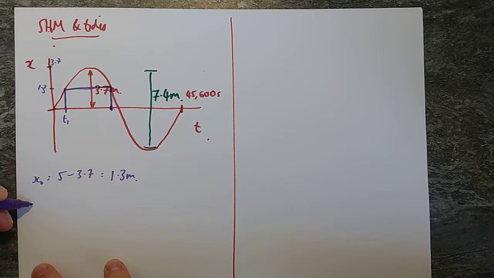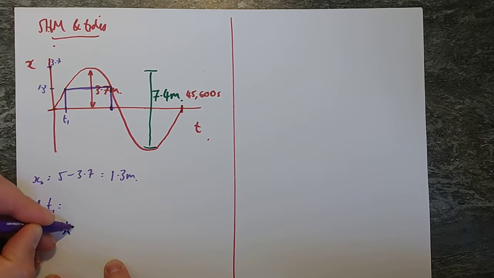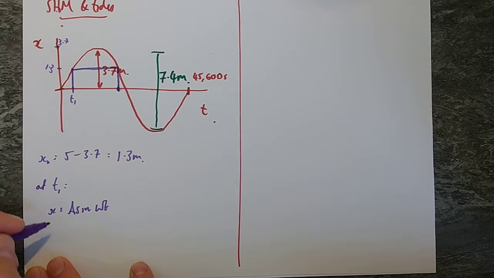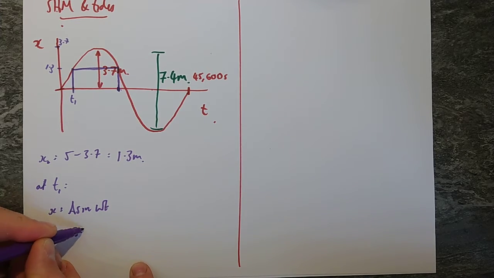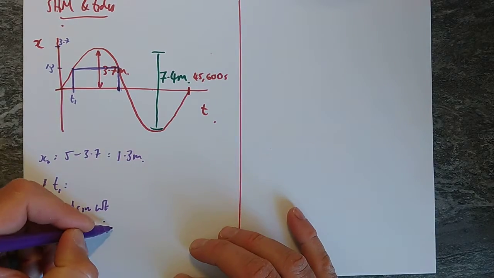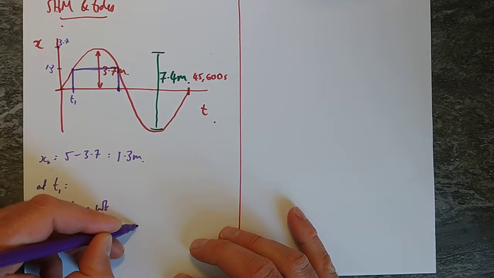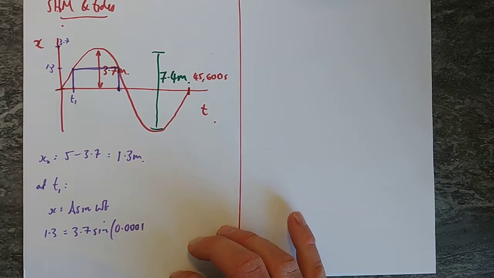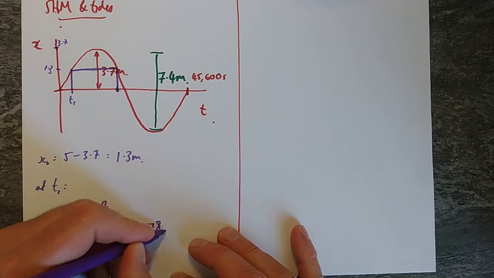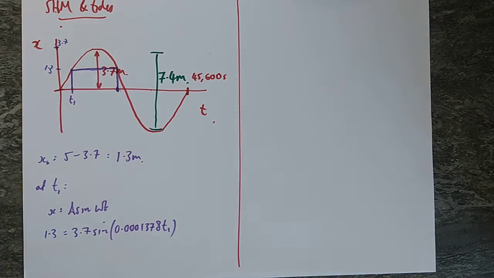Okay, so at T1, I'm going to go back to the equation we had before, which was x equals A sine omega t. We want to work out what t is. So x is the height at that particular point, which is 1.3 metres. The amplitude is 3.7. Omega, we've got from our previous question, which is 0.0001378 multiplied by T1.